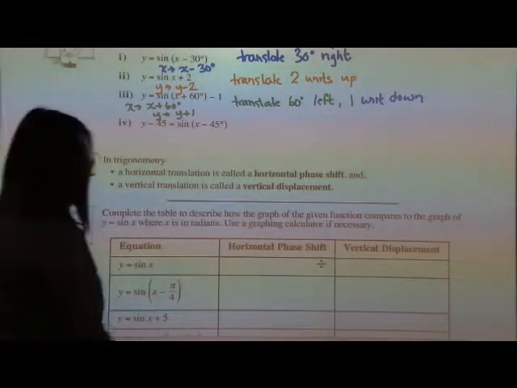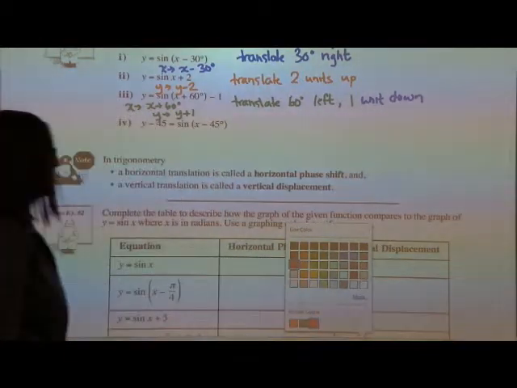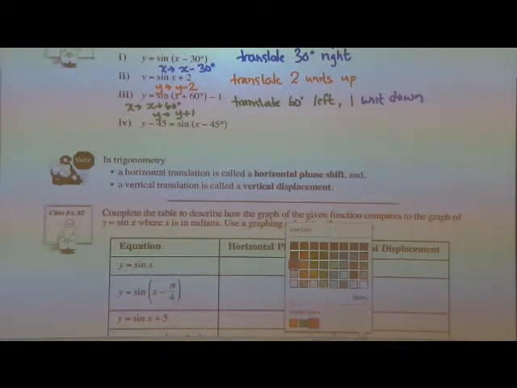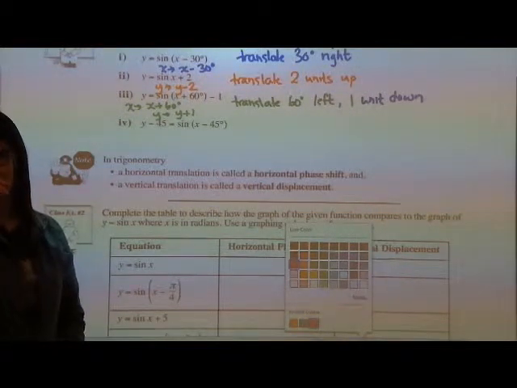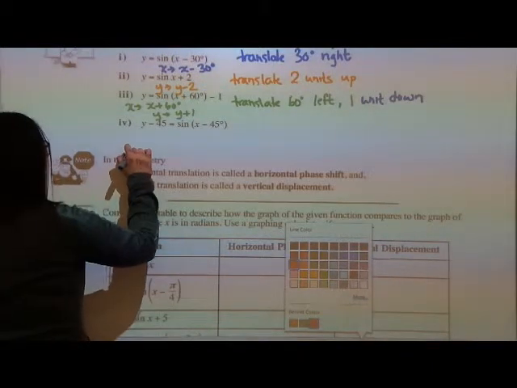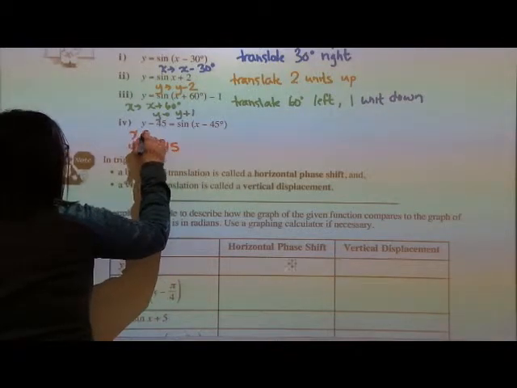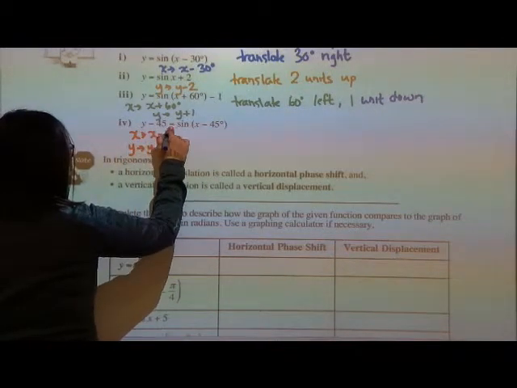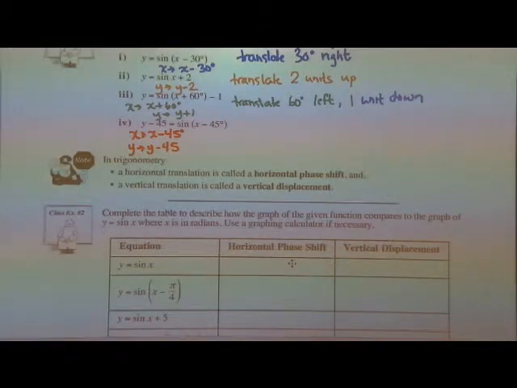Okay, and if I look at the last one, what are my replacements on the last one? Y with the y minus 45. X with x minus 45. So if I replace x with an x minus 45 degrees, what am I doing? Jessica?